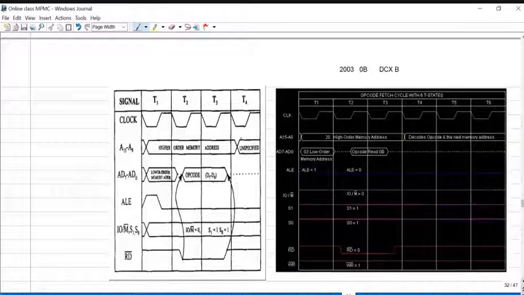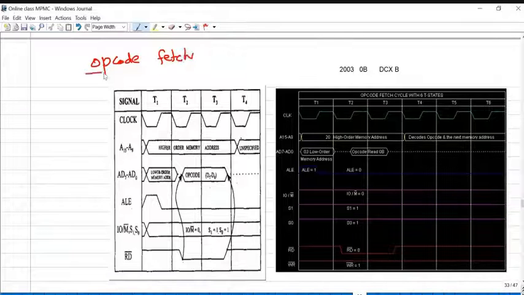So this is a revision about the opcode fetch, fetching the instruction from the memory. During the T1 state, address latch enable is high. At that time AD0 to AD7 are used for the lower order address of the memory, and A8 to A15 are dedicated for the higher order address.